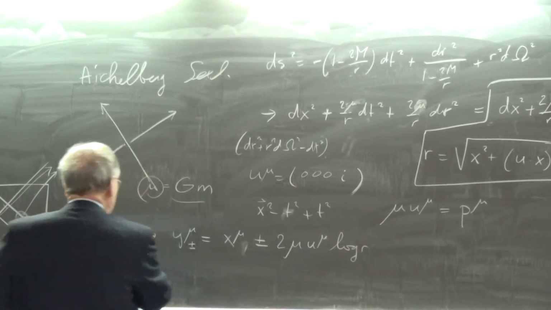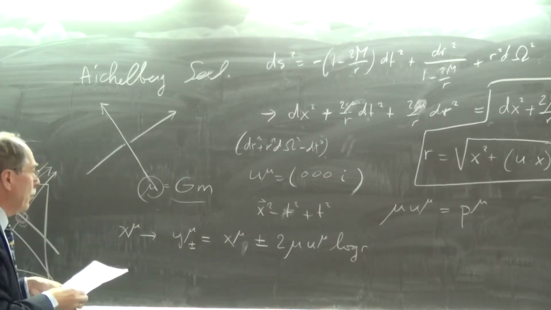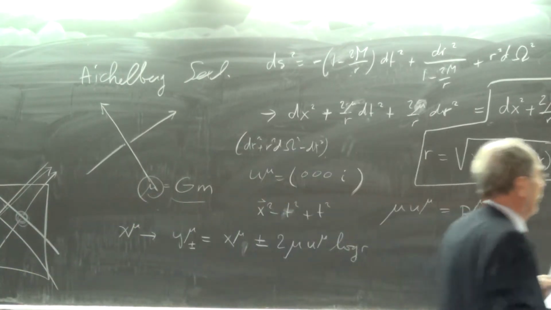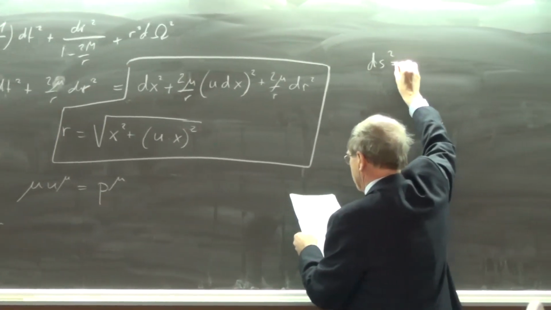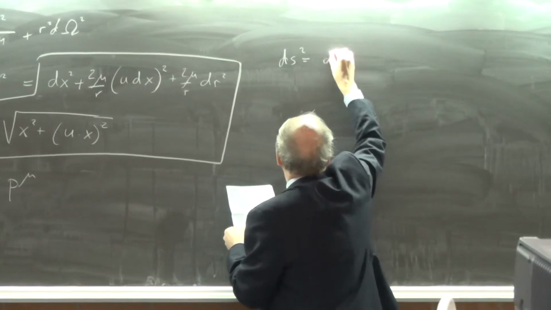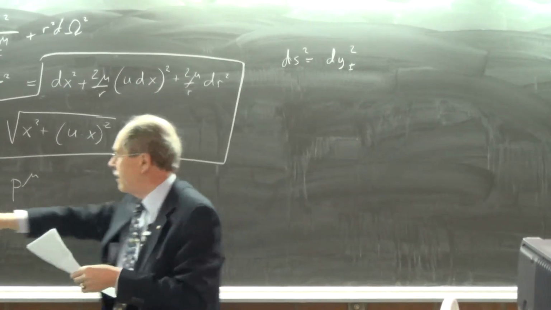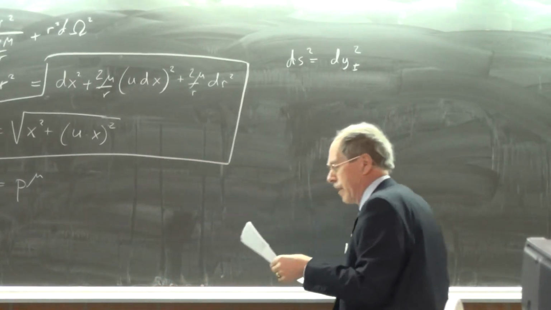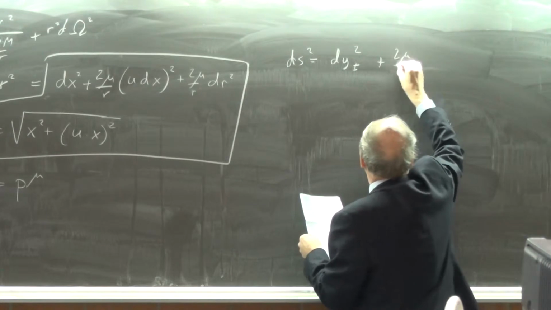So I go from these coordinates to these coordinates, and then you can see that ds squared can be rewritten as dy plus or minus squared. I can choose any sign here. I need both signs, so I have both. And then there's a correction plus 2 mu over r.